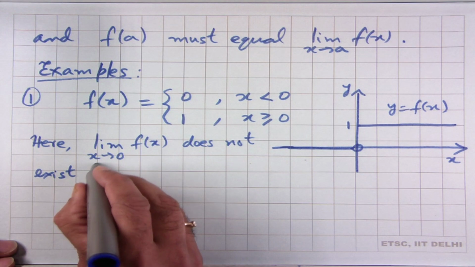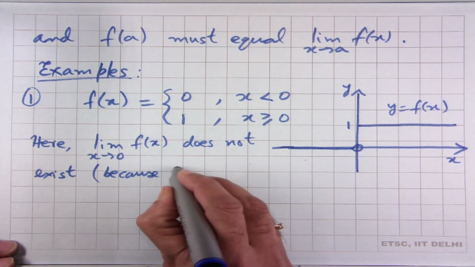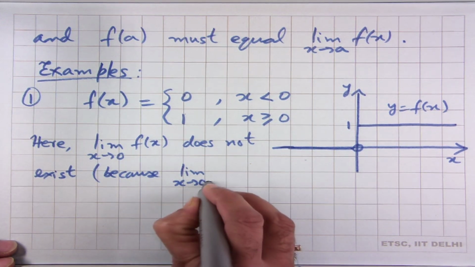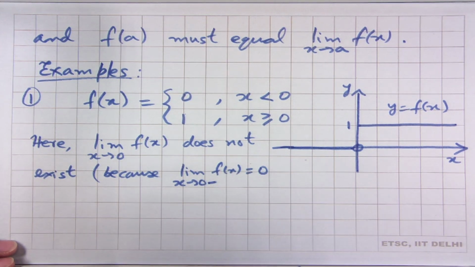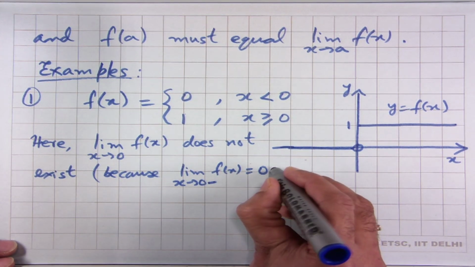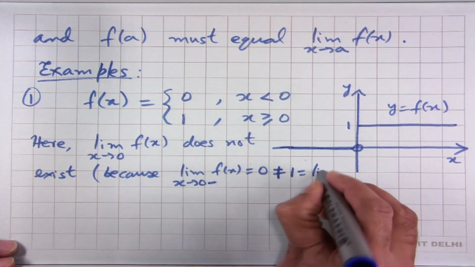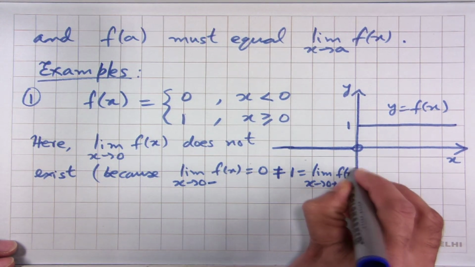This is because the left hand limit at 0 of f of x is equal to 0, which is not equal to 1, the right hand limit at 0.